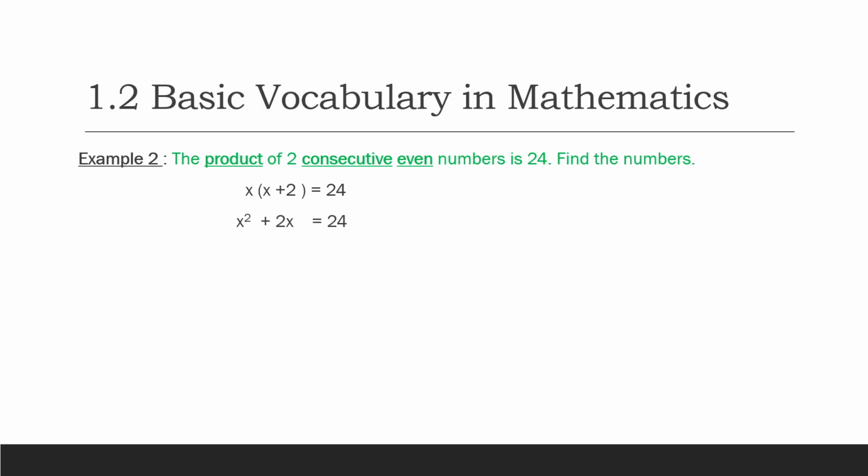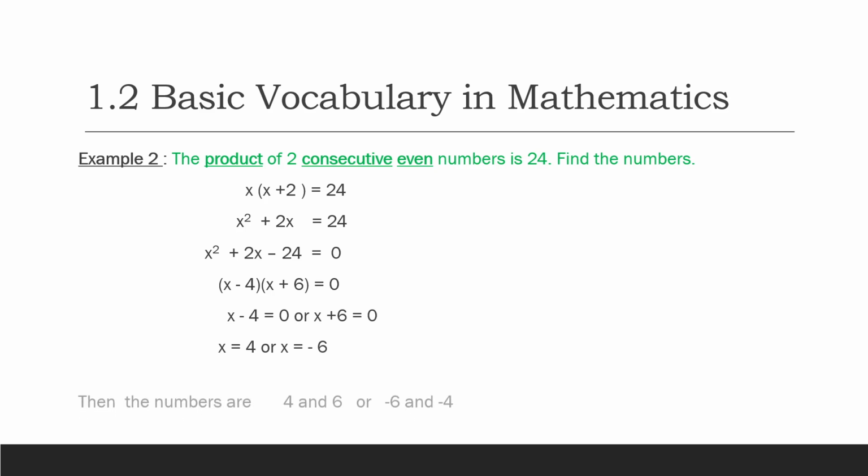Now you can expand the problem and find x squared plus 2x equals 24. Then you can transpose and solve the problem. So the very important part here is to understand what the words mean and how to convert them to mathematics.